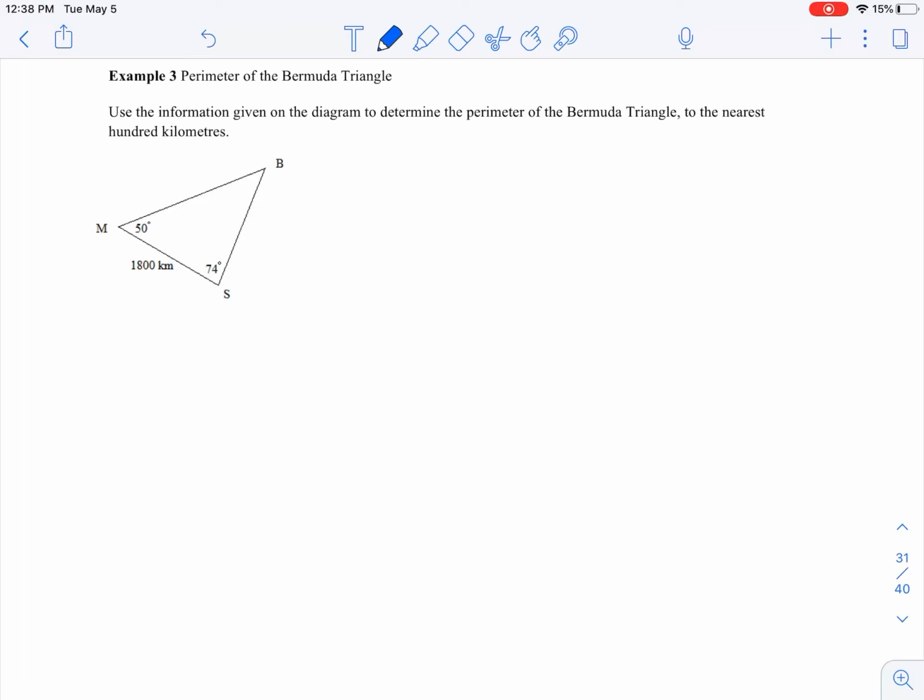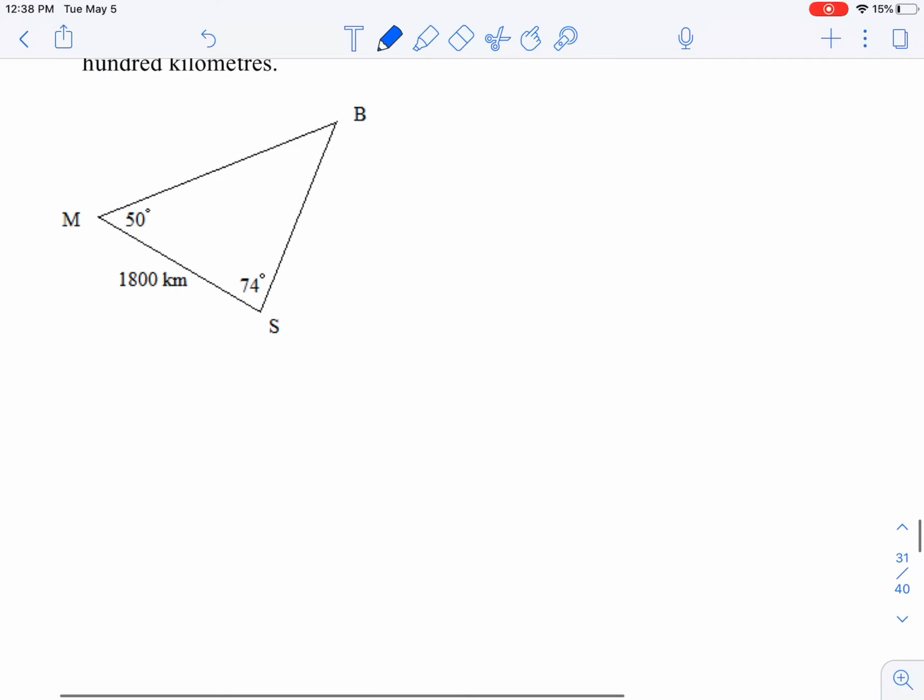So the first thing I see very easy to solve for in this one is angle B. Before we even get started doing any trig, we can solve for that, saying that it is equal to 180 minus 50 minus 74. So solving for angle B will help us to get a complete ratio before we even get started.